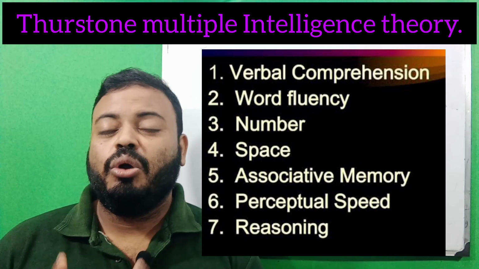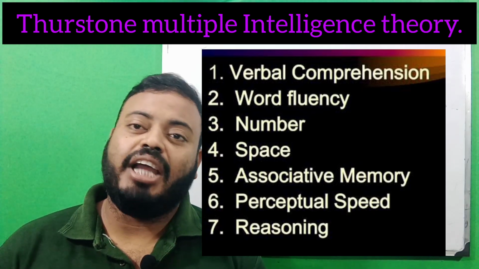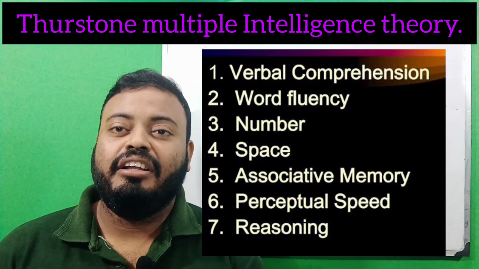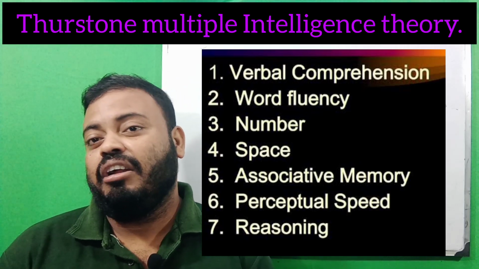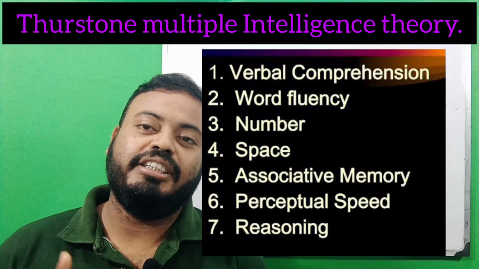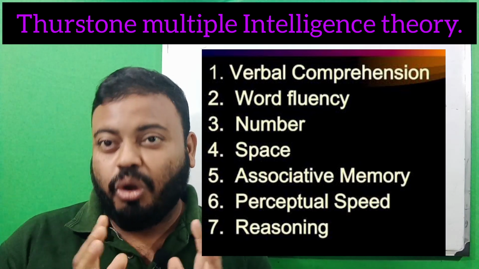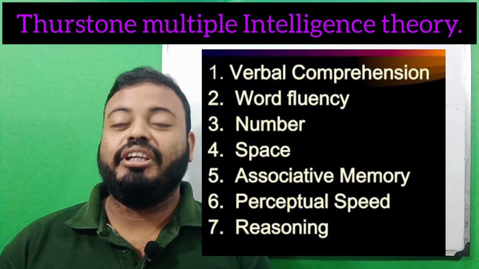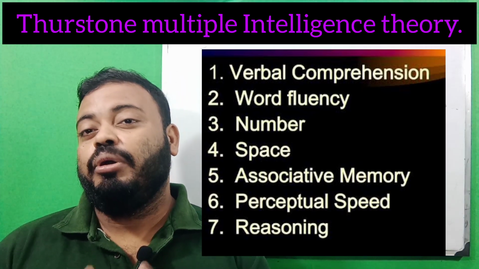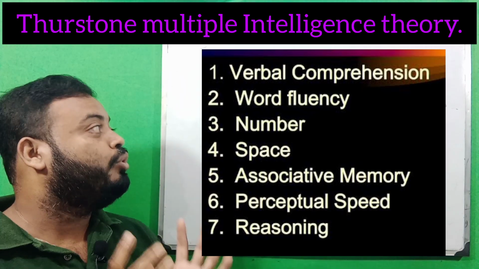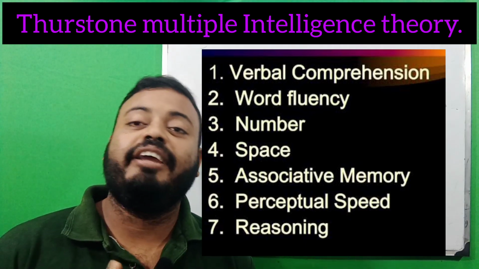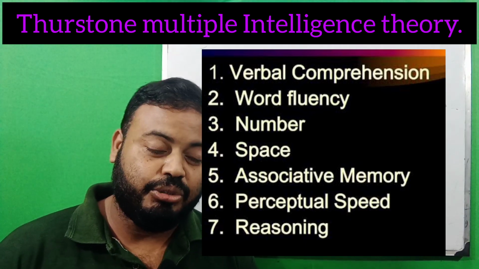So today we will learn the components of multiple intelligence, the primary mental abilities. Thurstone described this theory in 7 components.